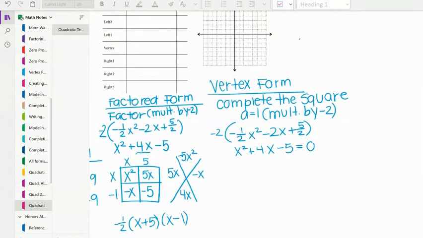Okay, so what I'm going to do is now get rid of that negative 5. I'm going to move it to the other side, which would make it a positive 5, and then I'm going to come up with a new c value. So to get that c value, we have to complete the square. So I put my first term in the first box. I can't do my last term because I don't know it yet.